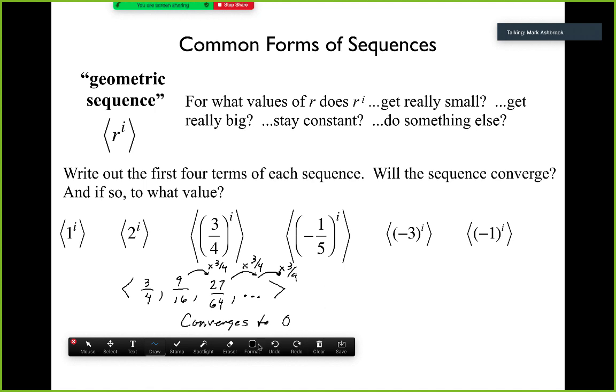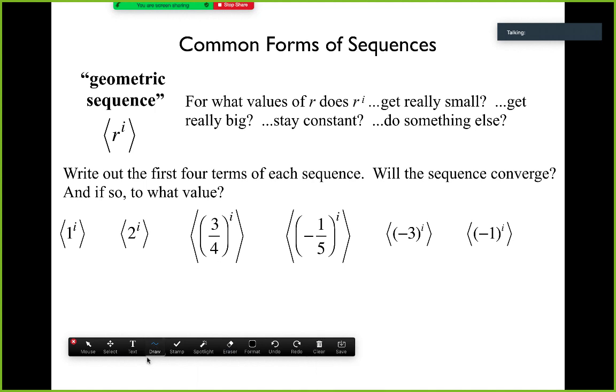Okay, what about -1/5? So -1/5, then +1/25, then -1/125, then +1/625, etc. Converge or diverge? Converges to 0, definitely. Our denominator is getting really massive and will never stop getting big, so these fractions will never stop getting closer to 0.